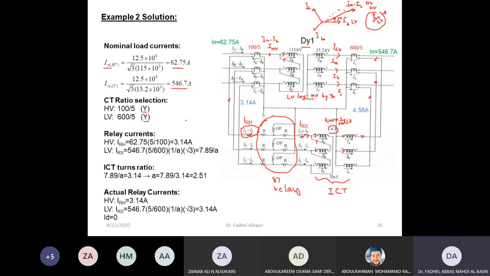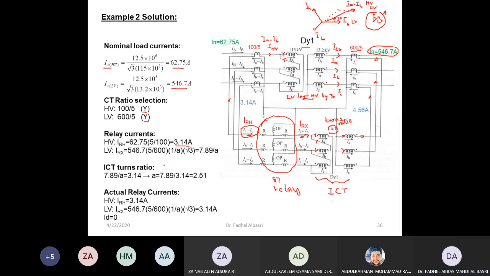Now, what will be the current that goes to the relay at the HV side? It will be the full load current divided by the CT ratio, and I'll get this current.